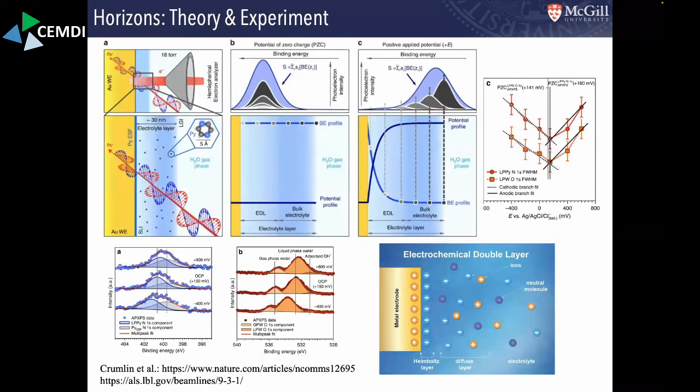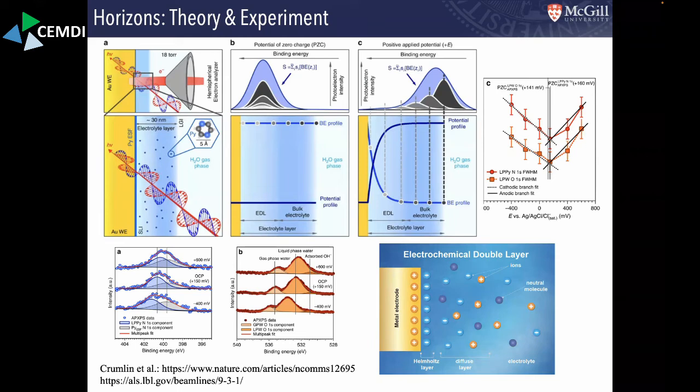And I think there's a lot of interesting work going on around different communities that are doing this. This is work from a few years ago, more from the Crumlin group, where they did just this at LBL in California. They used ambient X-ray photoelectron spectroscopy.